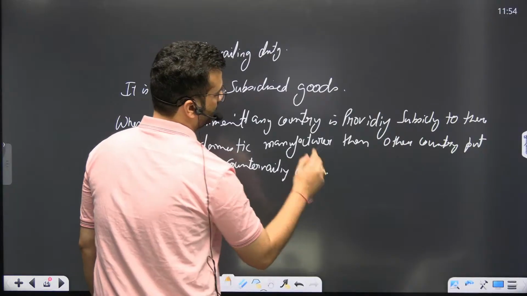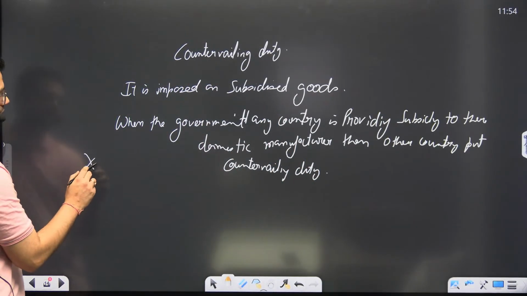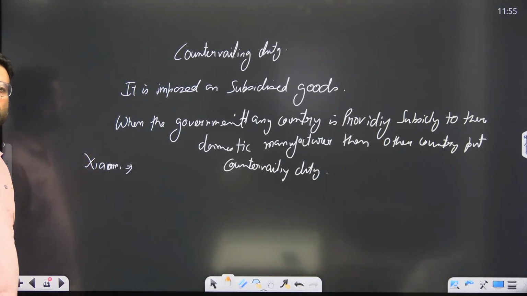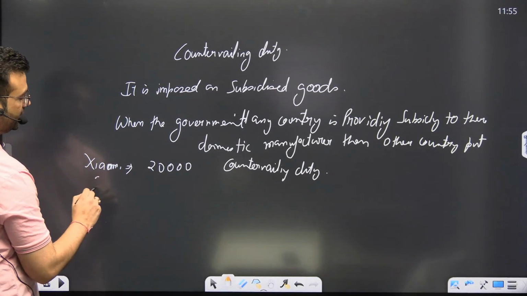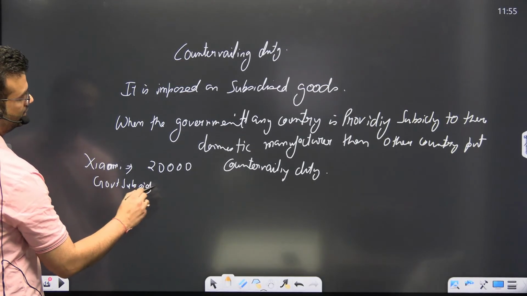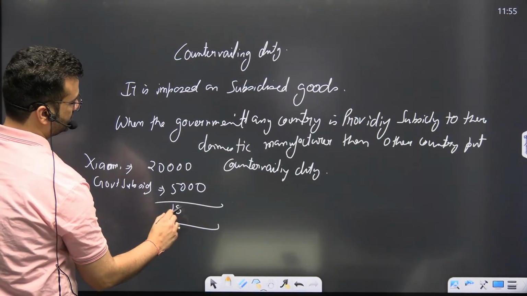What is the example? Let's say this is Xiaomi. The manufacturing cost of a mobile is 20,000. Now China's government is providing a subsidy of 5,000. Hence the cost of the mobile is 15,000.